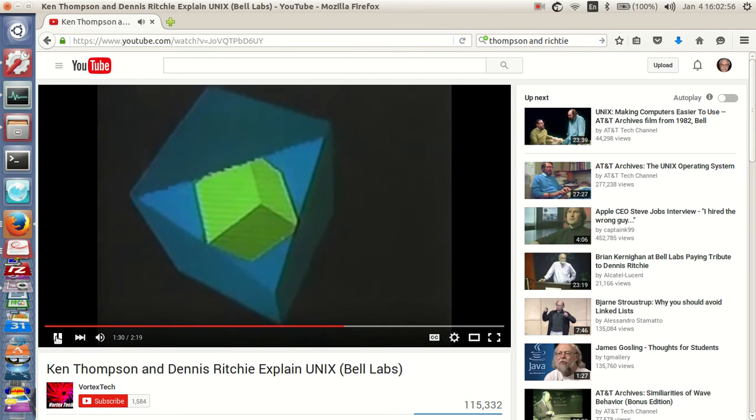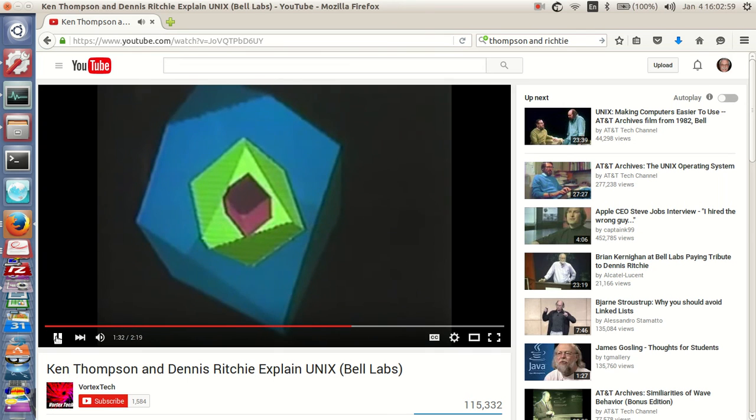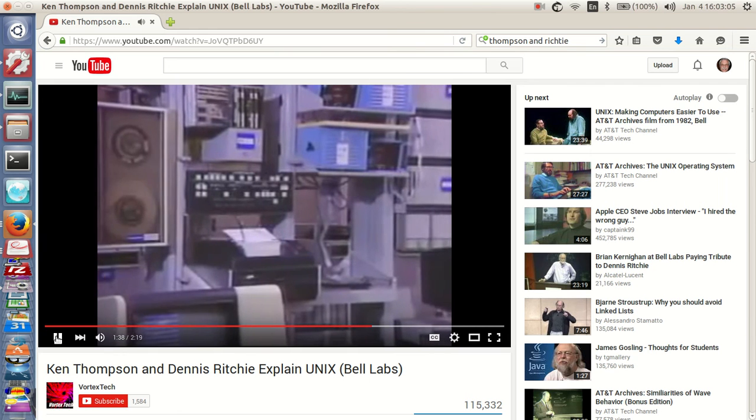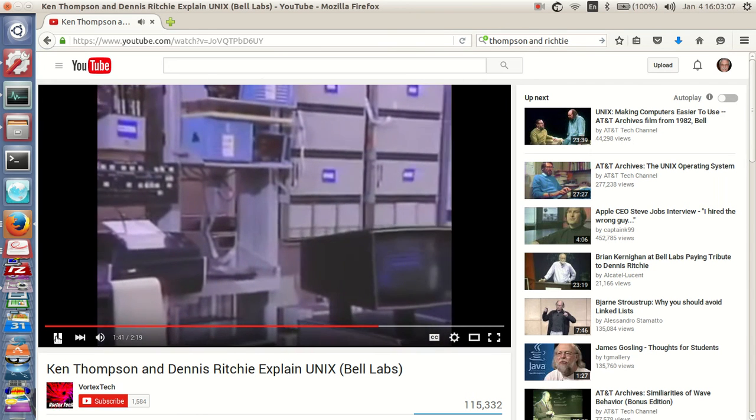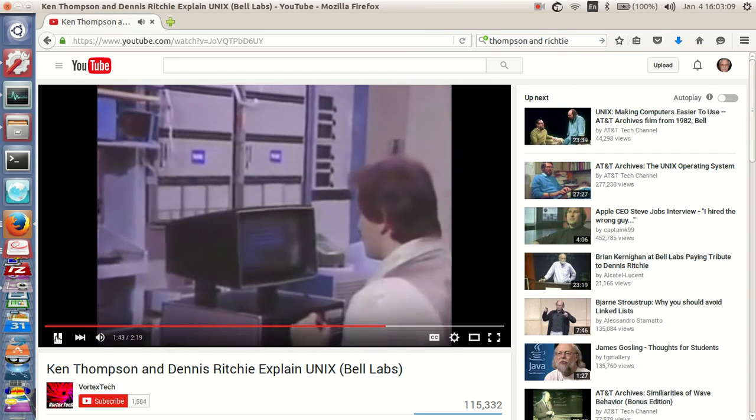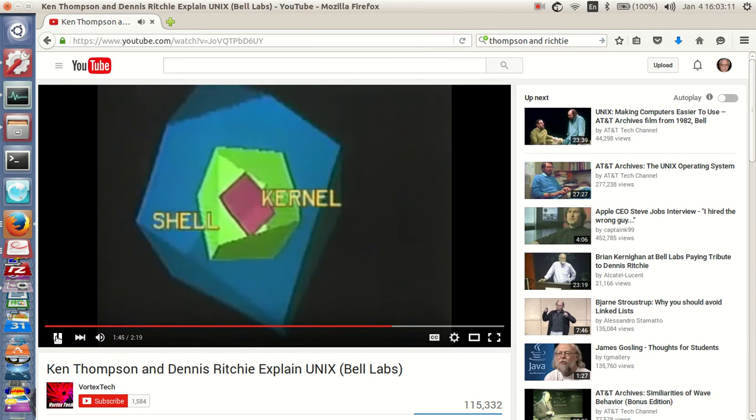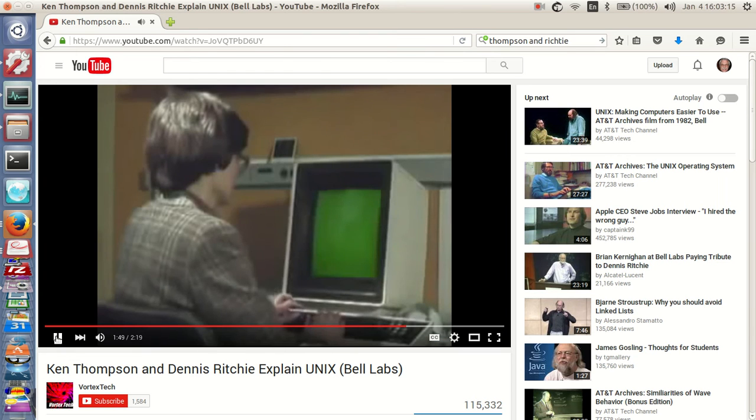The system is basically made up of three parts. The kernel, or operating system proper, is the part that manages the control of the machine and supervises scheduling of the various user programs. The shell, which is the name we give to the command interpreter, looks after the communication between the user and the system itself.